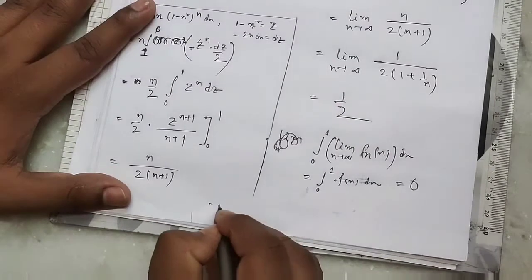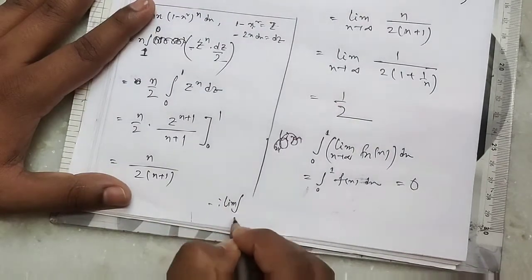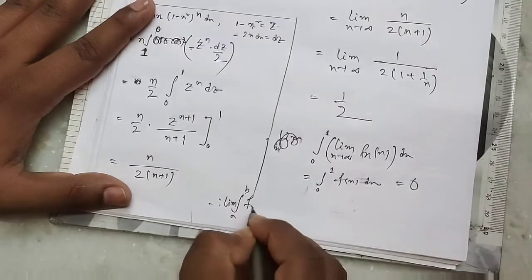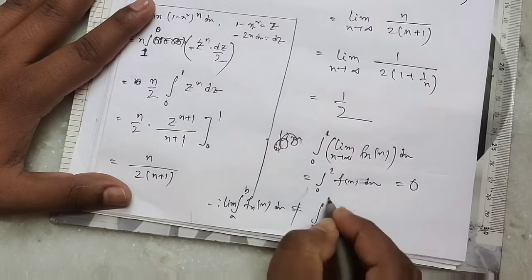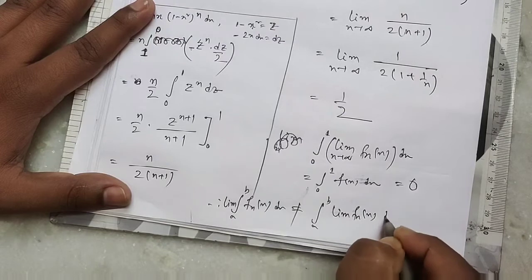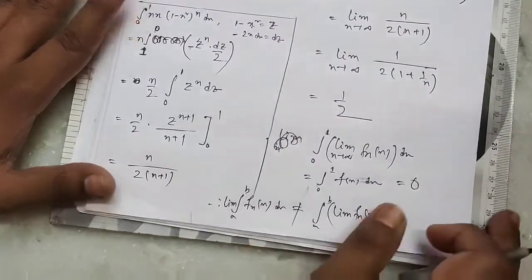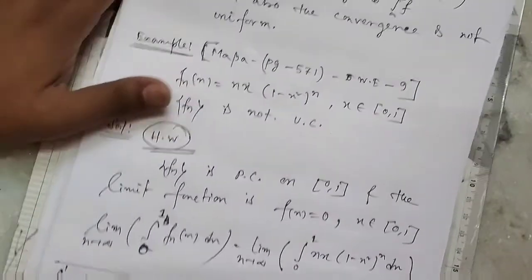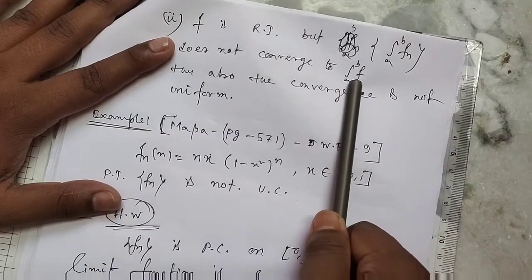Therefore the limit of the integral from a to b of f_n(x) dx is not equal to the integral from a to b of the limit of f_n(x) dx. These two do not equal, that is, this sequence does not converge to this.